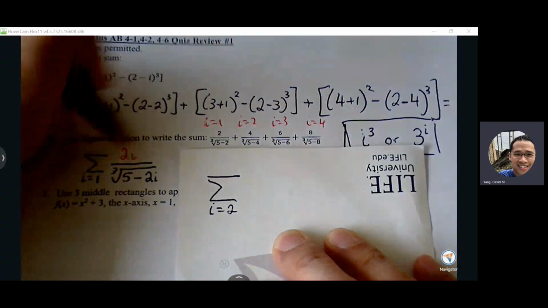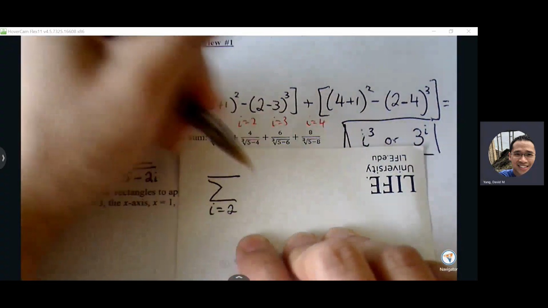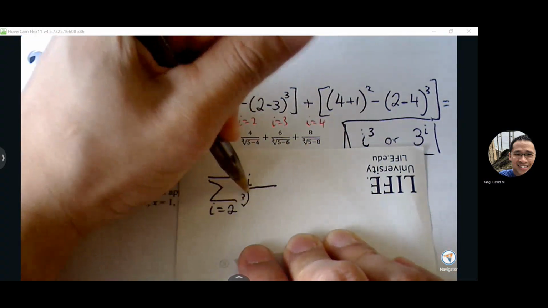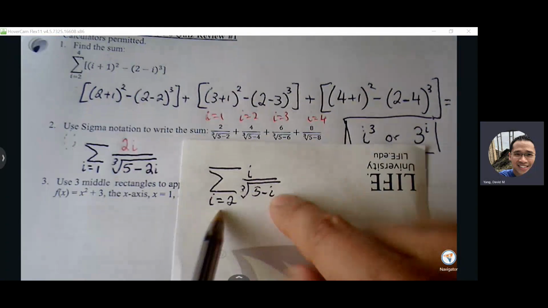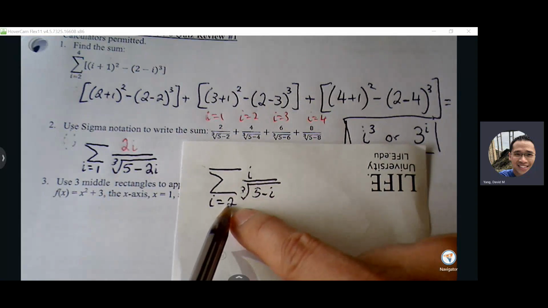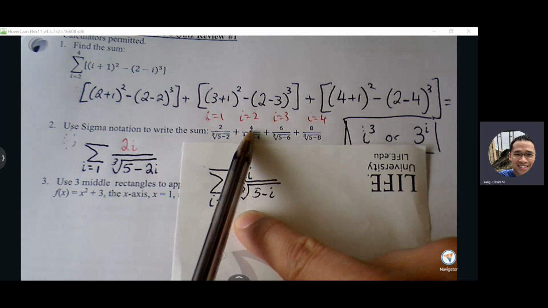You mean I keep the same expression but start at 2? Okay. What would your rule be? Would you just have i up top? Yeah. So the problem is that if I plug in 2, yes, it'll give me my first term. But then what happens if I increase that to 3? Will that give me my second term?